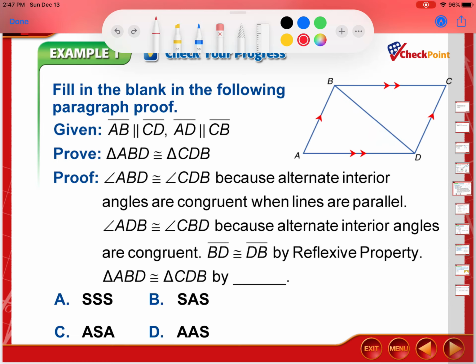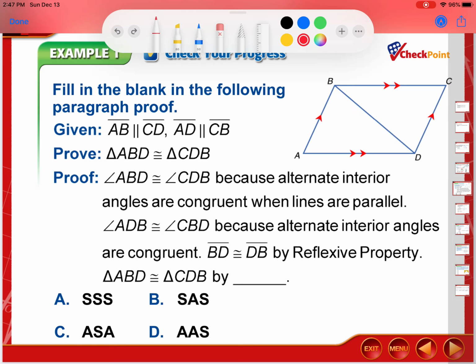So, continuing on, we have a lovely, lovely paragraph proof, which are just delightful creatures. I'll read this out loud to you. Essentially, what we are looking for is what our final statement is going to be, and we might have to do a little bit of labeling as we go.